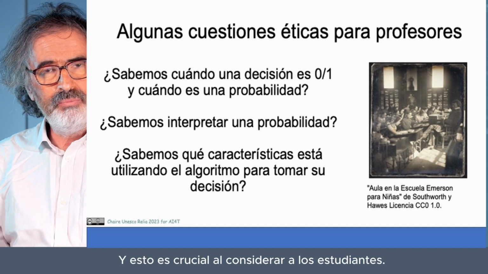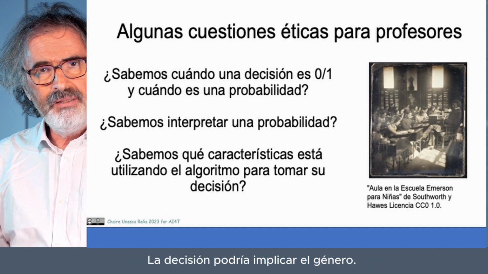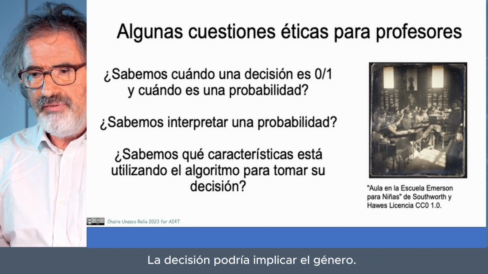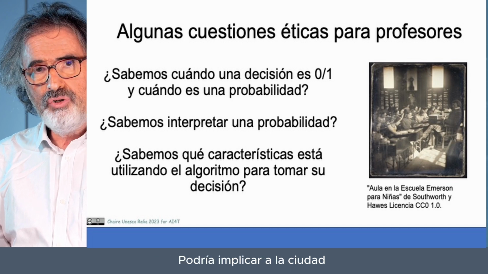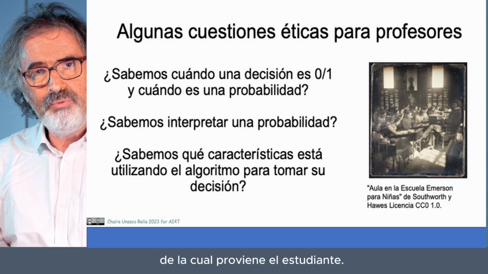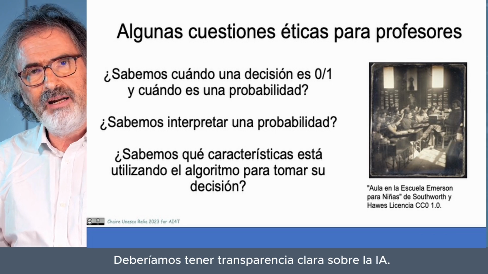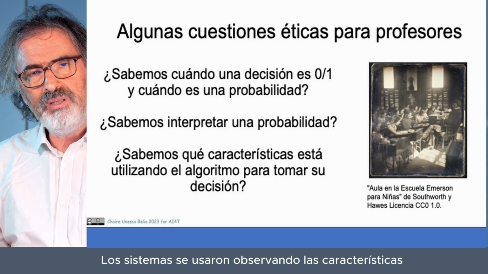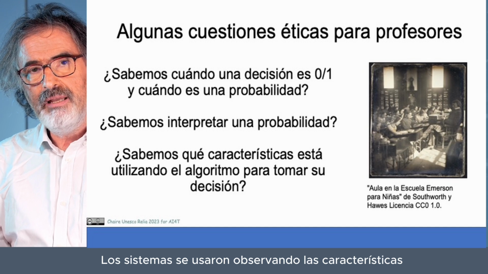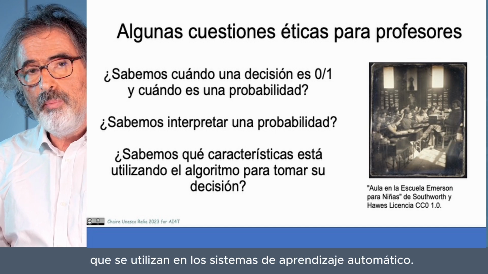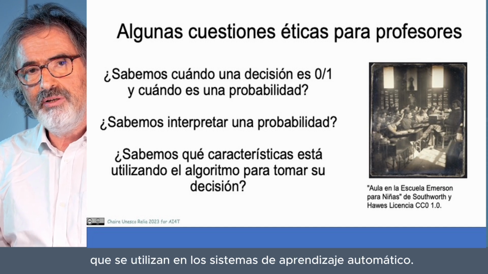And this is important when we are thinking of pupils. The decision could be involving the gender, could be involving the city from which the pupil comes. So we should have a clear transparency on the AI systems we use by looking at the features that are being used by the machine learning systems.